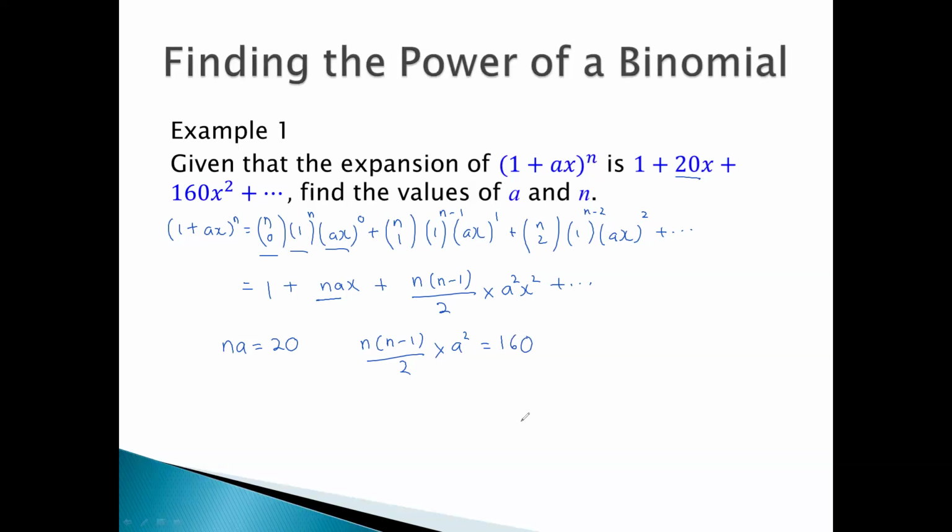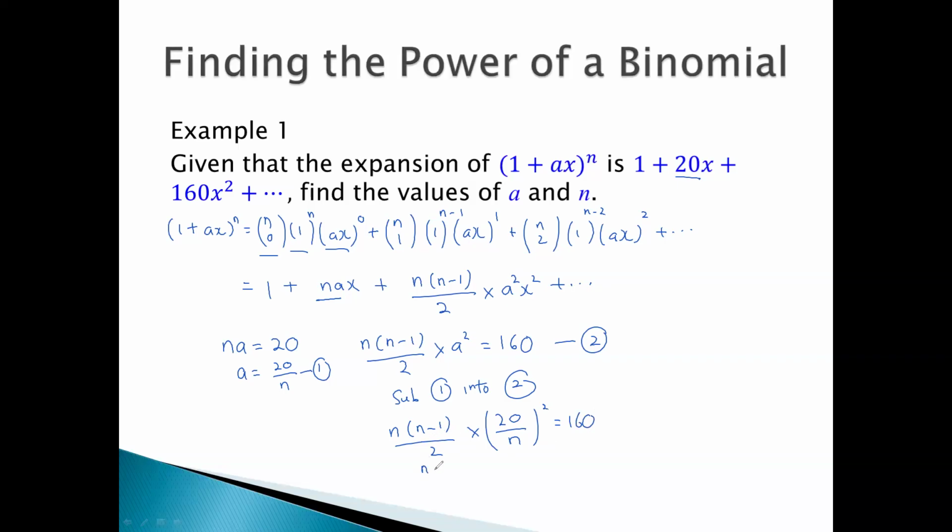Perhaps we have to use our simultaneous equations now. a equals 20 over n. This is equation 1, this is equation 2. Sub equation 1 into 2. So (n minus 1) over 2 times (20 over n) bracket squared equals 160.